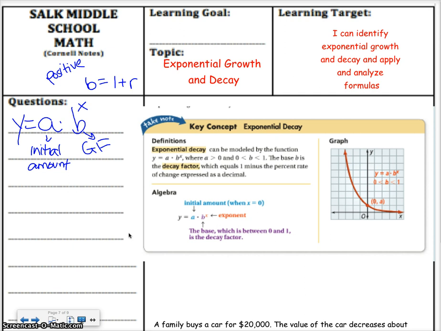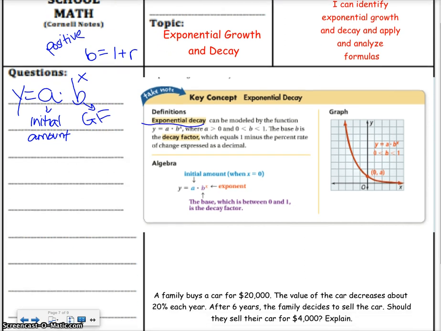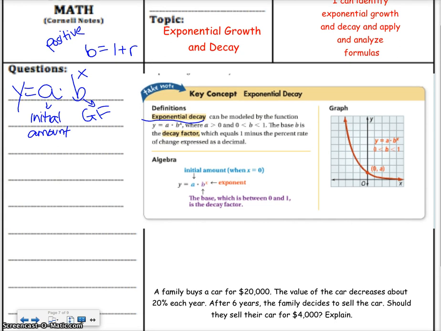If we're talking about exponential decay, it can be modeled by y equals a times b to the x, where a is bigger than 0, and B lies between 0 and 1. Somebody made the connection, if you recall from Friday, that decimal means that it is less than 1, and it's a decay factor, which is 1 minus the percent.